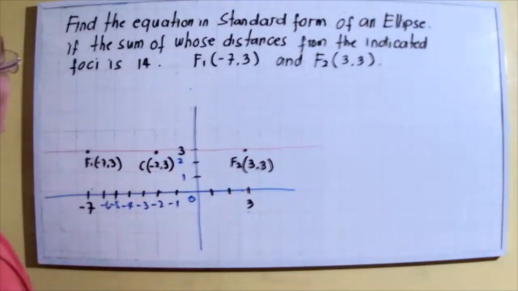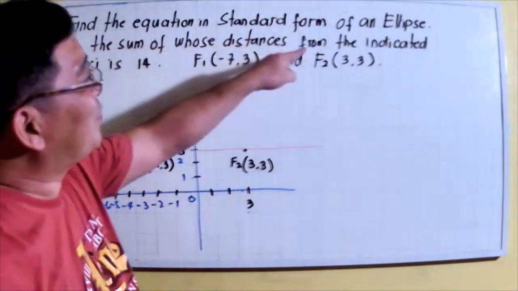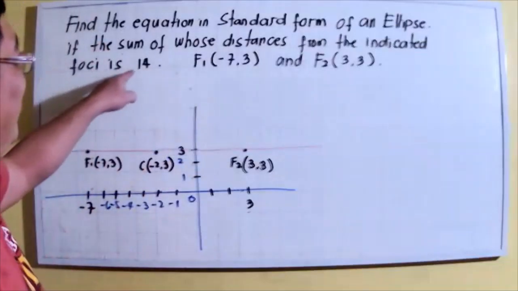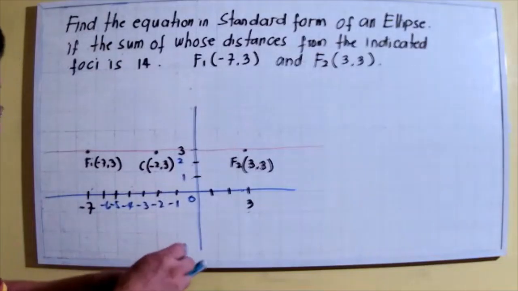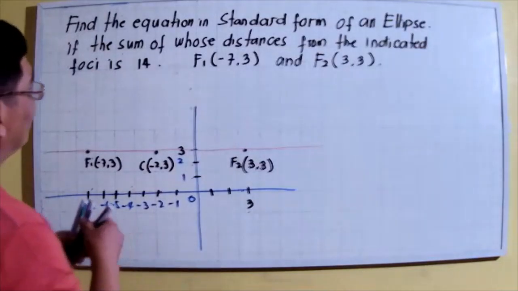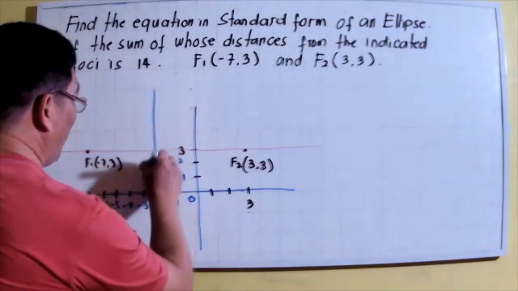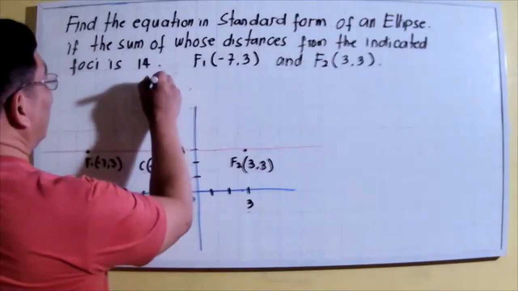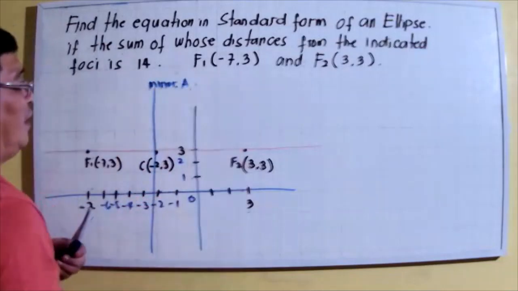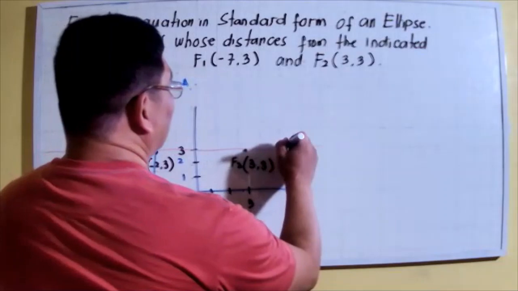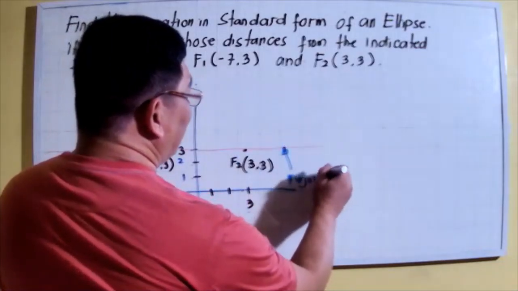Now, going back to the given problem, the sum of whose distances from the indicated foci is 14. Now, if I'm going to draw a line at the center, that will serve as our minor axis, and this one will be our major axis.